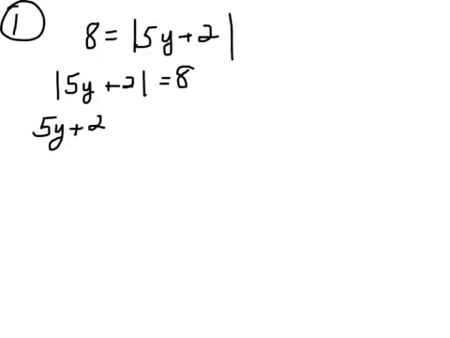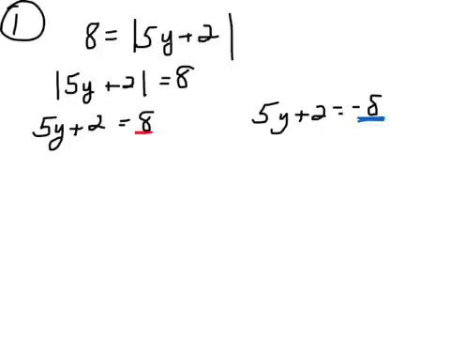So when we have an equal sign, you take whatever's inside the absolute value brackets. Too many special words in this lesson, aren't there? We take the 5y plus 2 and set it equal to positive 8, and then we also set it equal to negative 8 because it's telling me the distance is 8 units away. It might be 8 units to the right, represented by the positive 8, or 8 units to the left, represented by the negative 8. Let's solve each one, and we have to be careful.